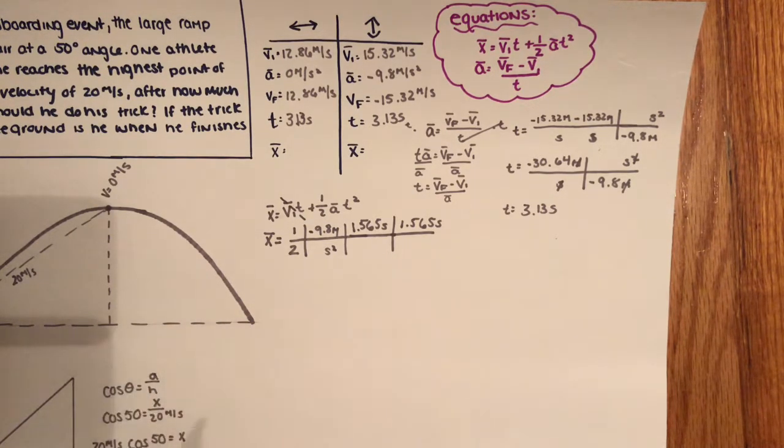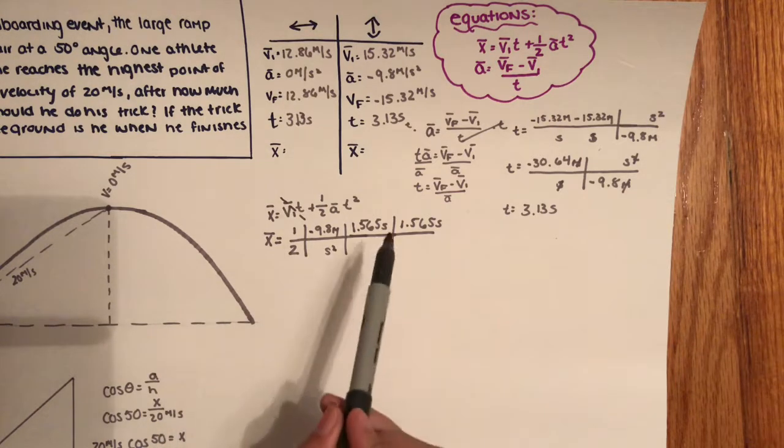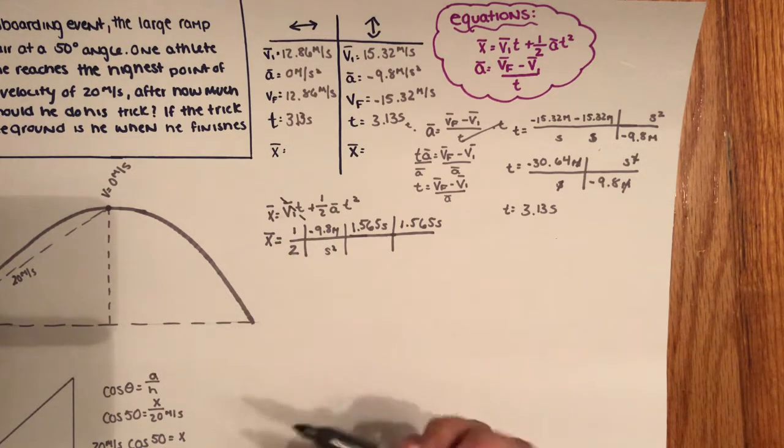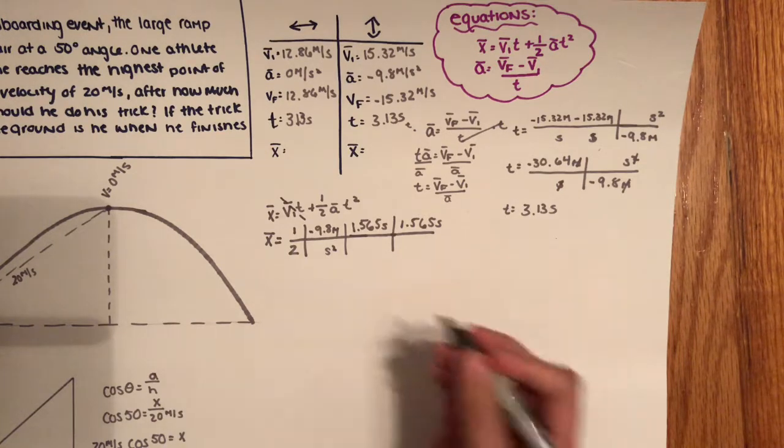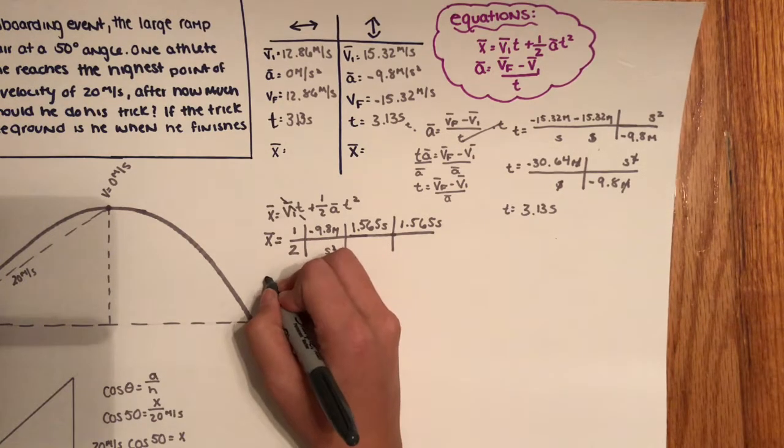If we were solving for the vertical displacement of the entire jump, then we would be using the 3.13 seconds. But that is not what the question asked, so it's not what we're going to be solving for.